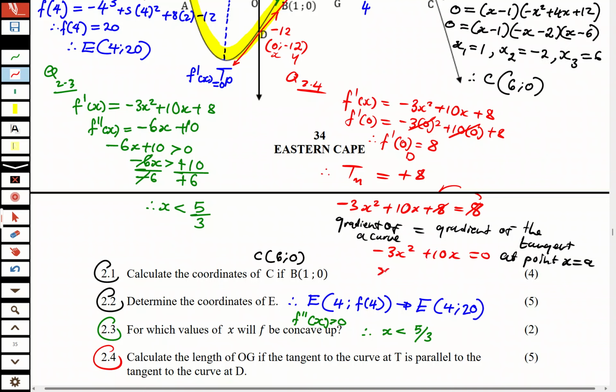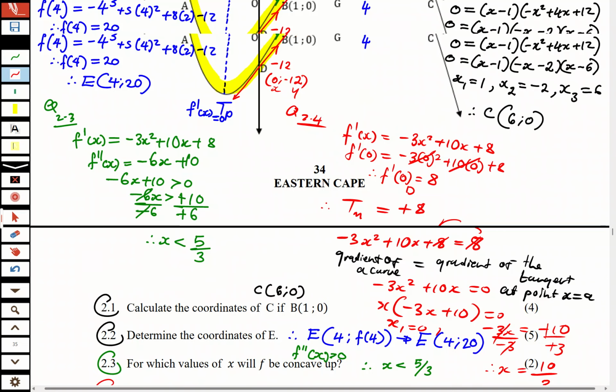So simply take out x, since it's just a factor there, so you have x times negative 3x plus 10, which is equal to 0. So x is simply 0, and then negative 3x is equal to negative 10. So divide both sides by negative 3. So therefore x is simply positive 10 all over 3.